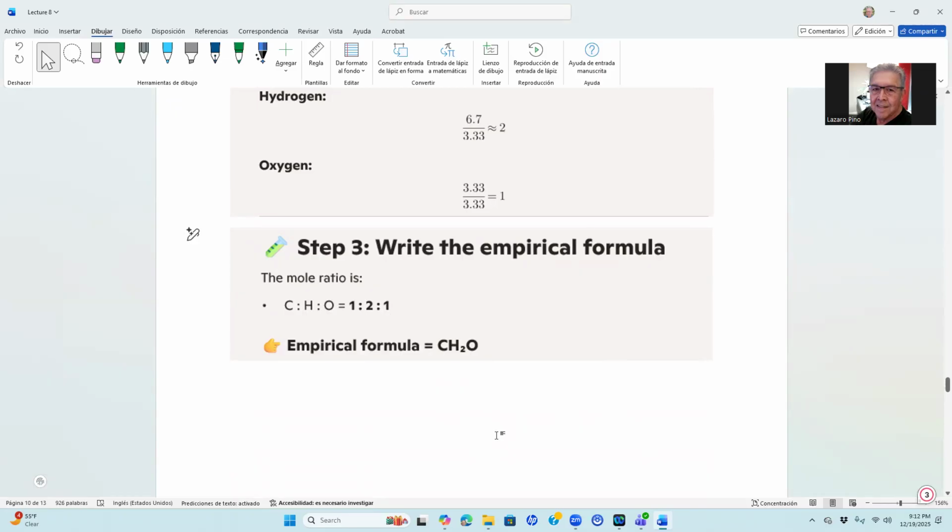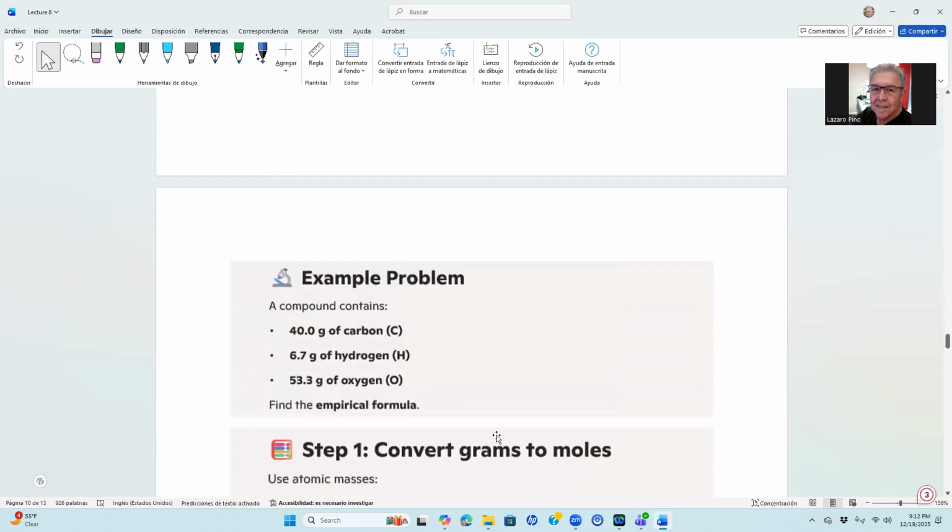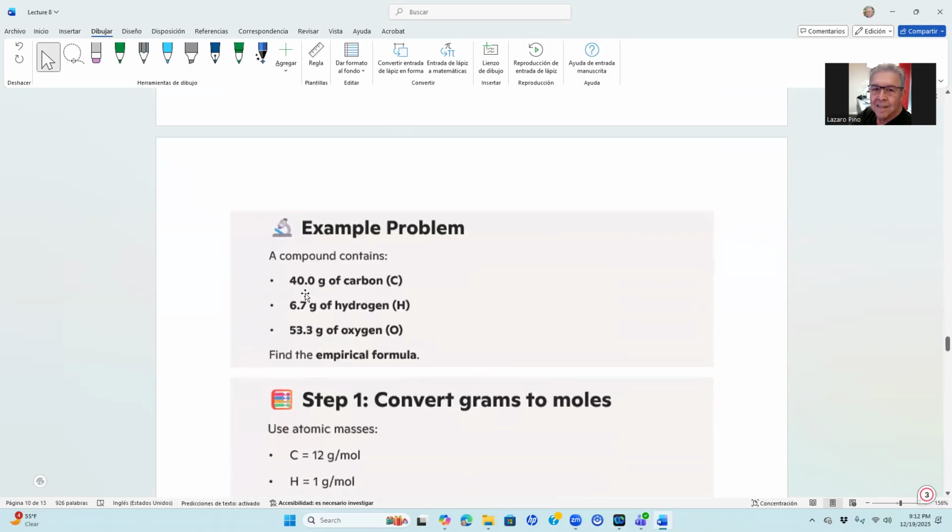I'm going to repeat the procedure again because of the importance. What is given? The mass of the different elements that are in a compound. Sometimes they don't give you this in the form of grams. They say that carbon is 40%.